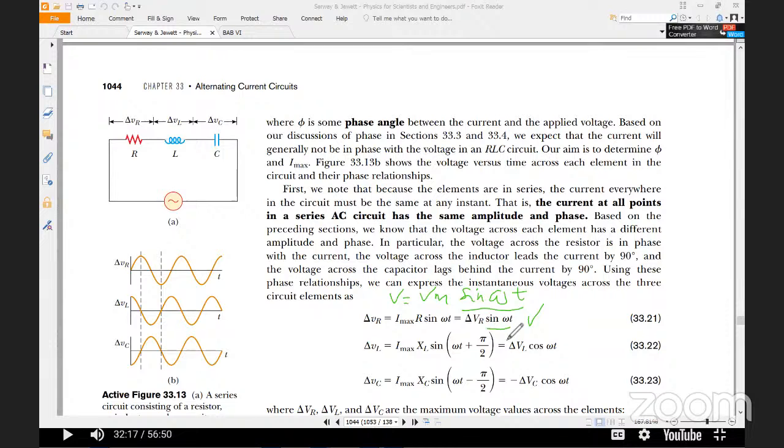But the voltage difference, ya, tegangan jepit dari induktor is Imax XL. I think it's very clear why Imax XL, because we talk about the voltage. So if we talk about the voltage, we have to express this part as the VLmax.